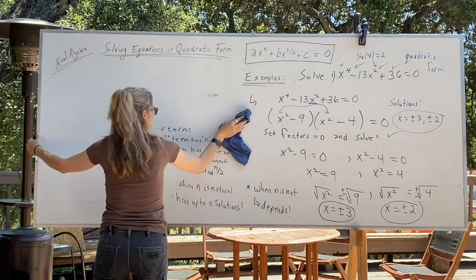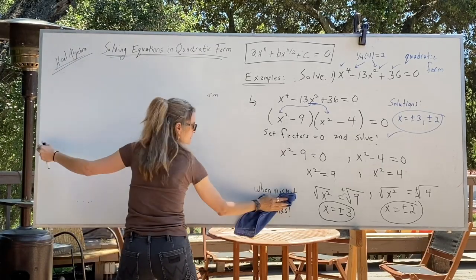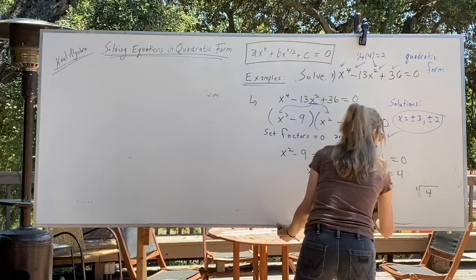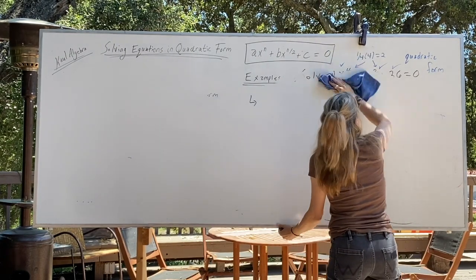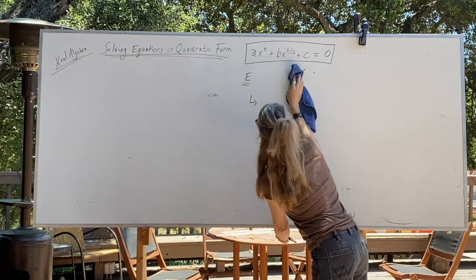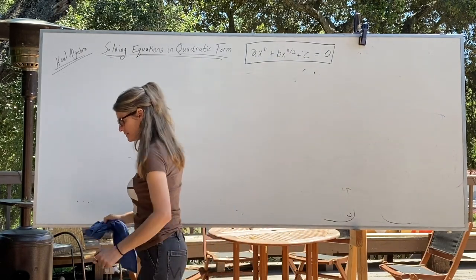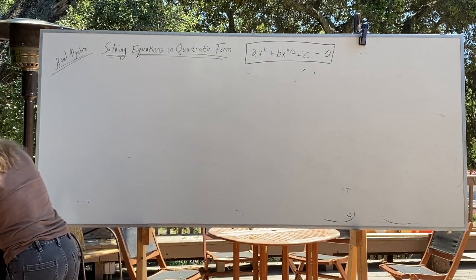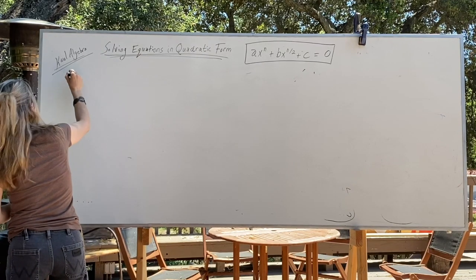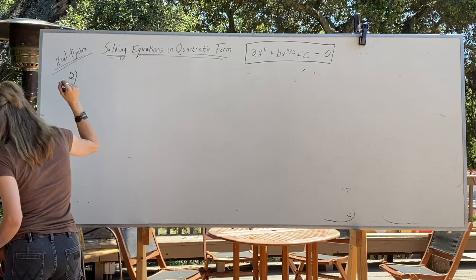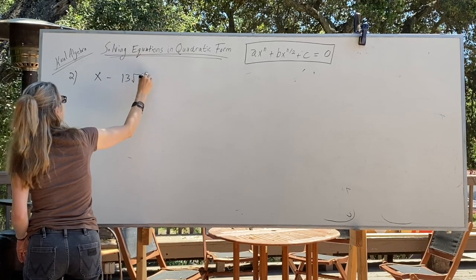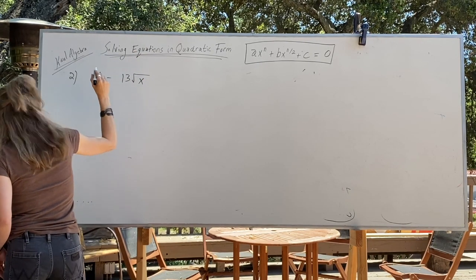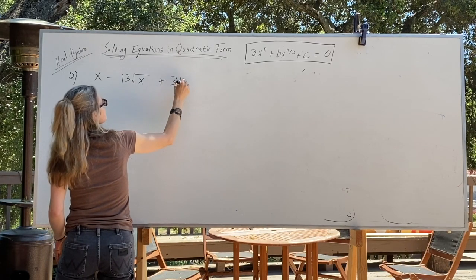Okay, so let's try one that has square roots. So number 2, let's go ahead and solve x minus 13 square root of x plus 36 equals 0.